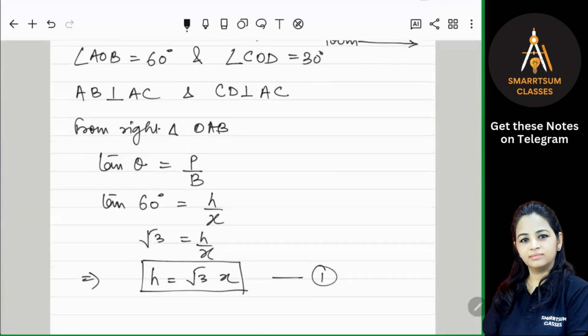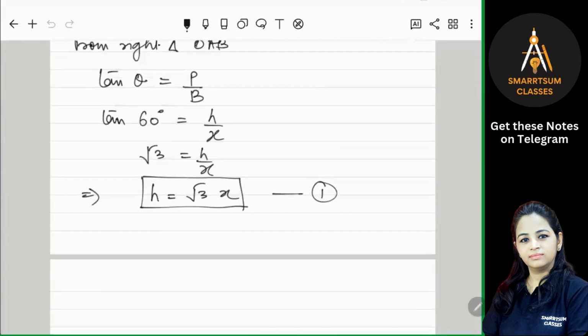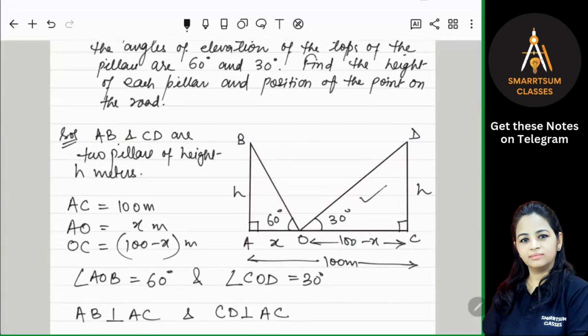Now consider the other right triangle, OCD, right angled at C. Again, in this triangle, tan theta is equal to perpendicular upon base, that is H upon 100 minus x.